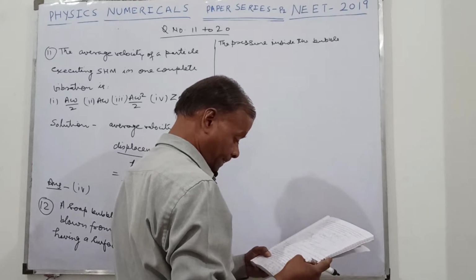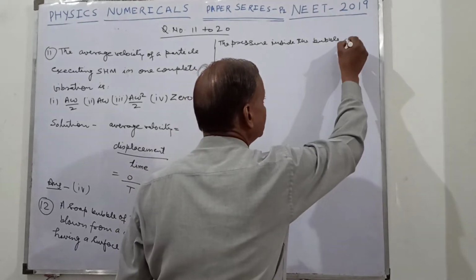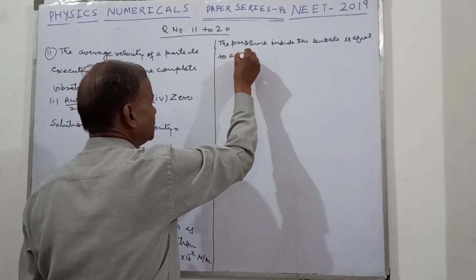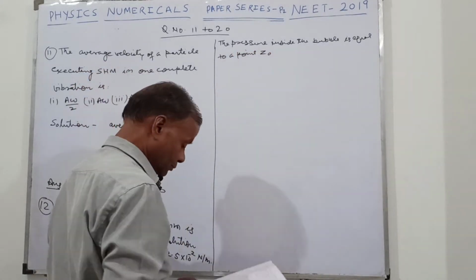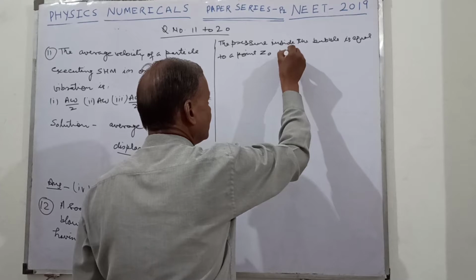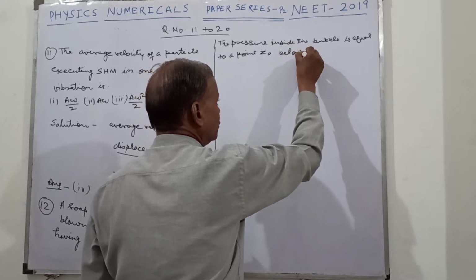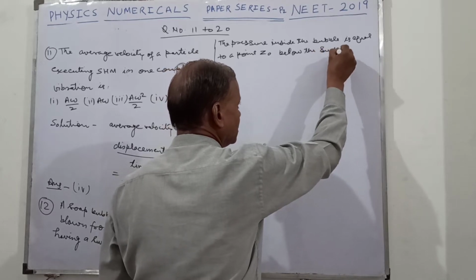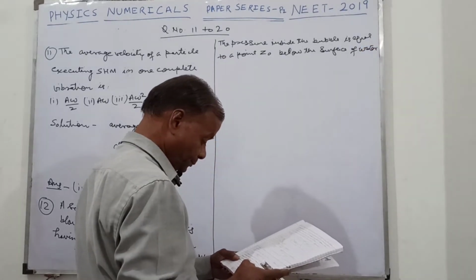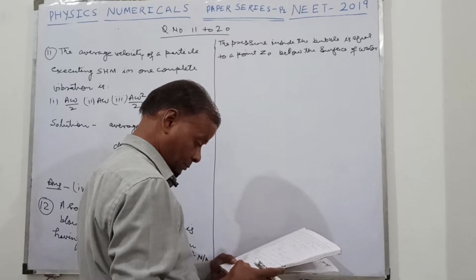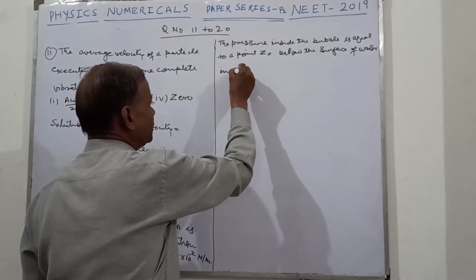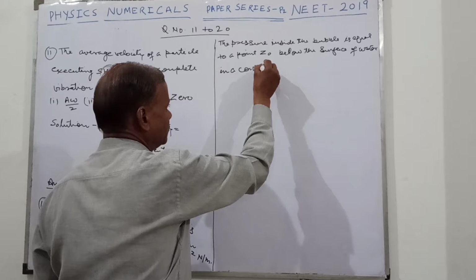is equal to the pressure at a point Z0 below the surface of water in a container.